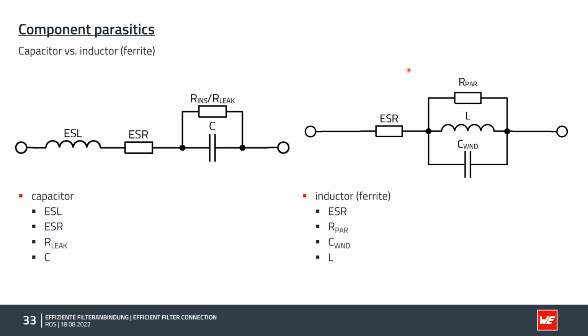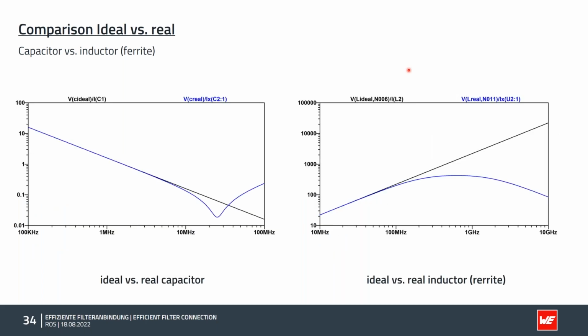And if you put all these parameters and parasitics into the simulation, you come here on the left side to the capacitor. The black line is the ideal capacitor without any parasitics, which is not really good for simulation, because you can see with increasing frequency you have no bad side effects.